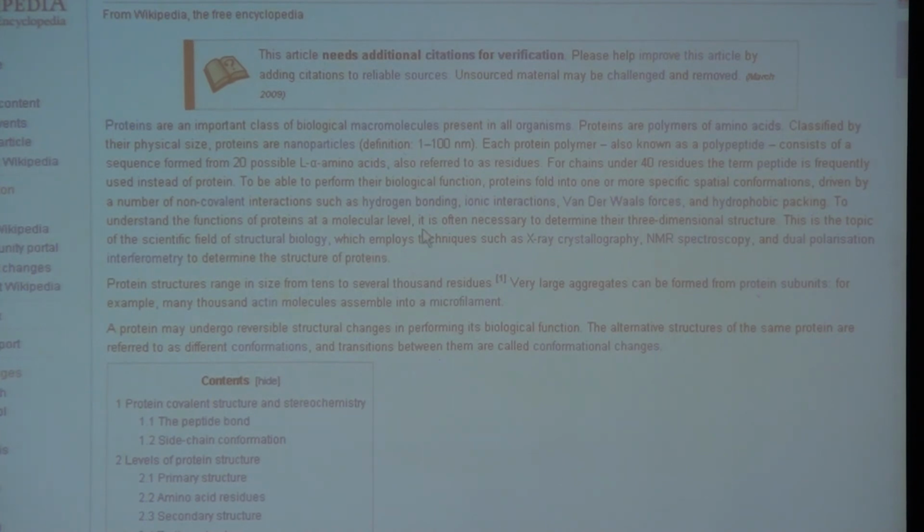So based on this information here, is it the primary structure which determines the activity and function of a protein? It's partially, because the primary structure is going to determine the secondary and tertiary structures.